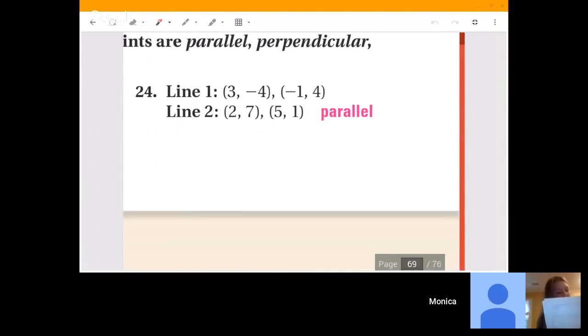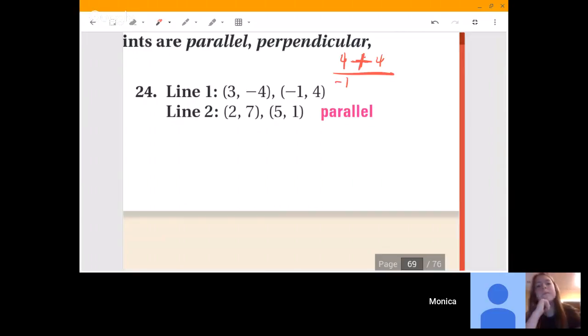So in order to do that, slope is y2 minus y1 over x2 minus x1. So for the first line, y2 minus y1 is going to be 4 minus negative 4, so that becomes a plus 4, right?